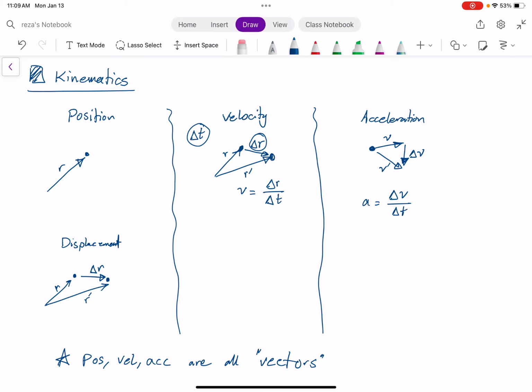So all of these are vectors. Remember that, but as we will see in the next video, when we start simple, we can look at simpler conditions when a single scalar value is enough.